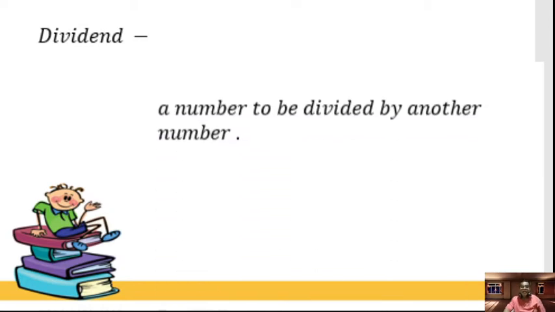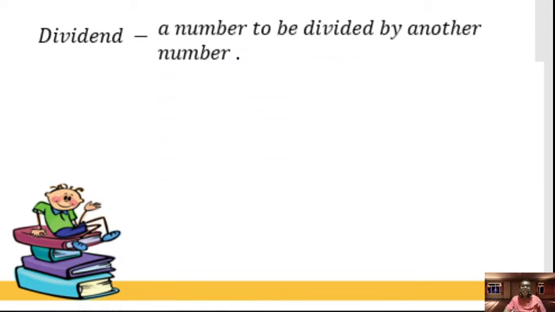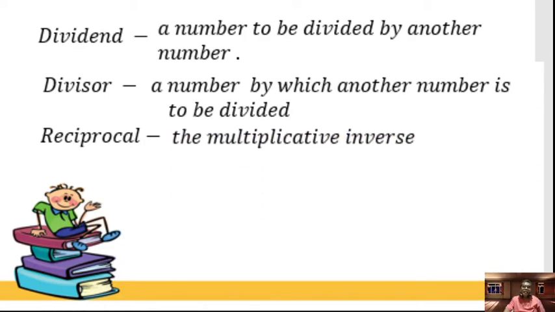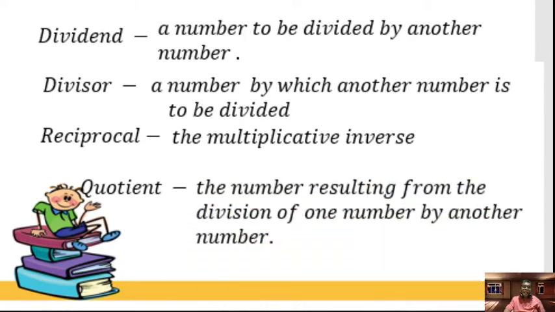Dividend, that is a number to be divided by another number. Divisor, that is a number by which another number is to be divided. And reciprocal, that is the multiplicative inverse or just flip it. And the quotient is the number resulting from the division of one number by another.